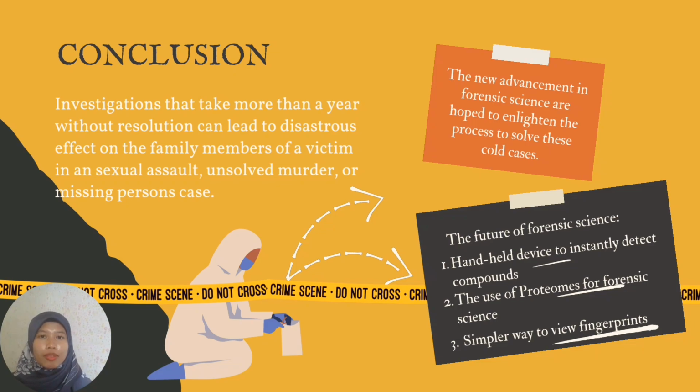The big help of advancement technologies for the future of forensic science includes handheld devices to instantly detect compounds, the use of proteomes for forensic science, and a simpler way to view fingerprints.